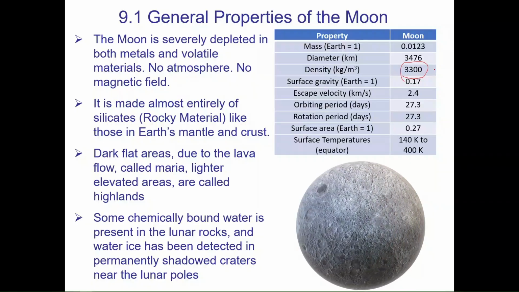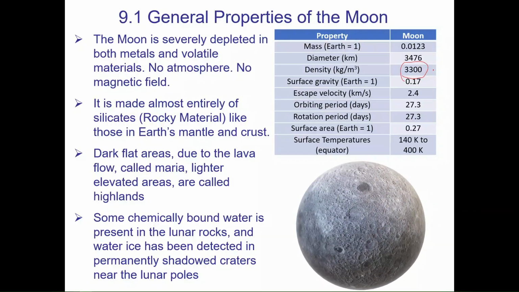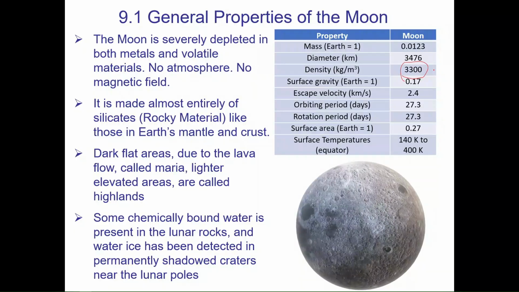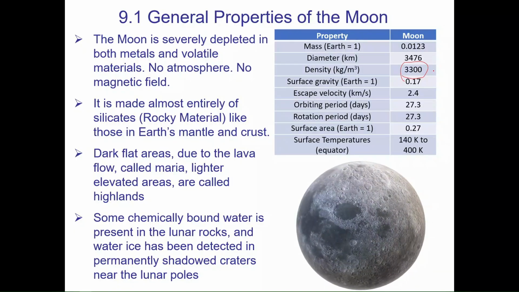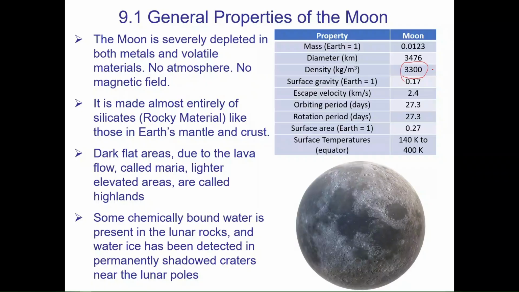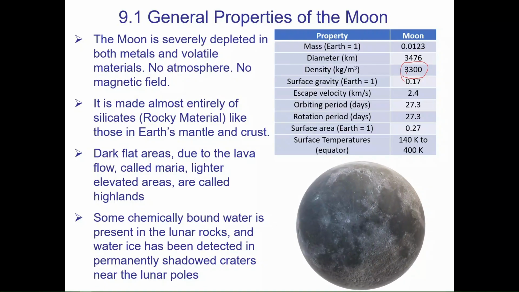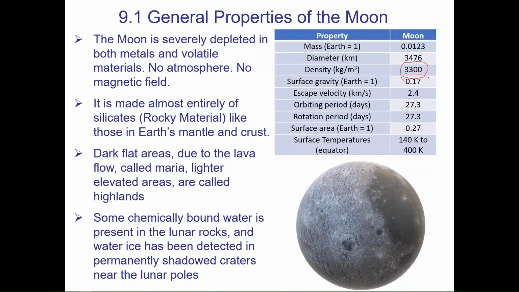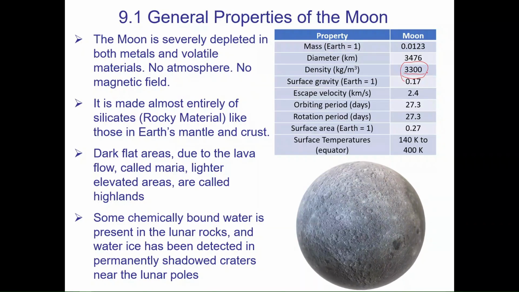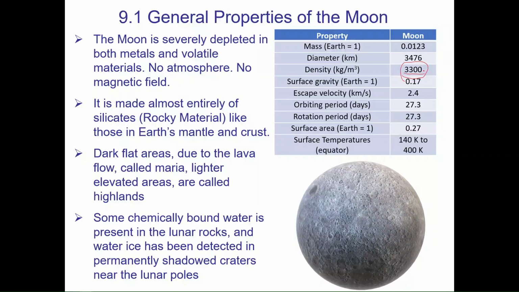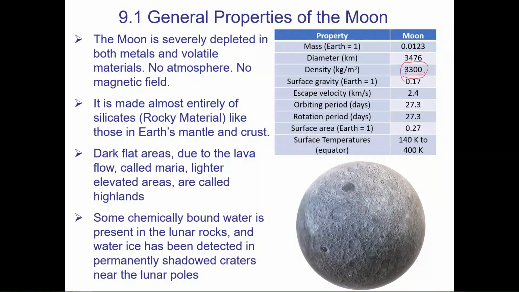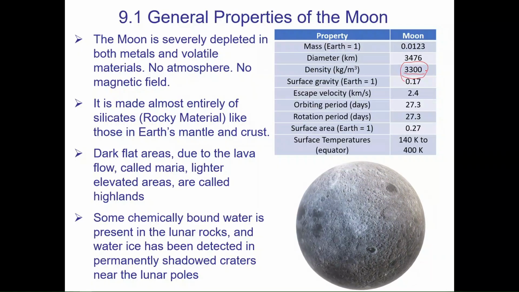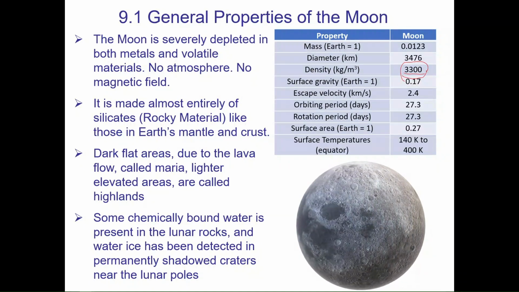And if you still remember, we mentioned the Earth is made from rocky material and near the core is high density metal. So you can see the density of the moon is significantly smaller compared to the density of the Earth. So at least we know there are major differences in the composition of the moon compared to the Earth.